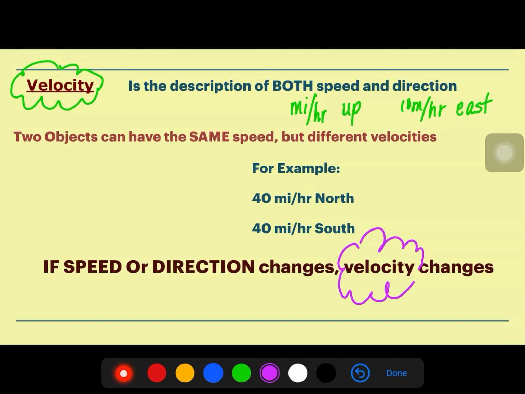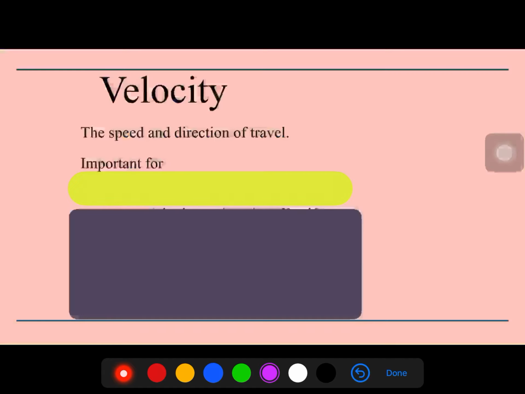If your speed or direction changes, then your velocity changes. And we have a word. When your velocity, your direction and speed together, when that changes, I have a new science word, and that's called acceleration, which will be coming up. Velocity, the speed and direction, who's that important for? Right. Meteorologists, air traffic controllers, pilots, they want to know direction of a lot of things.